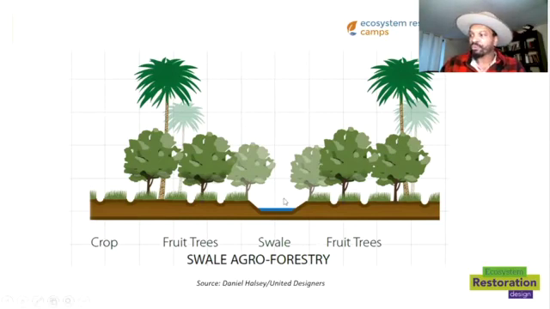Here's another figure showing a cross section of how the rows can be arranged along, in this case, a swale feature, which is helping to take the water that is caught in that water infiltrating feature, and then allow for the slow infiltration of the water to actually feed the roots of those crops.